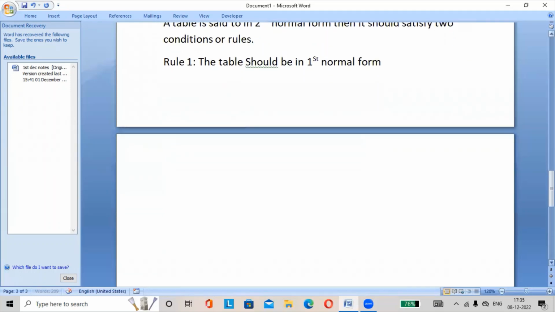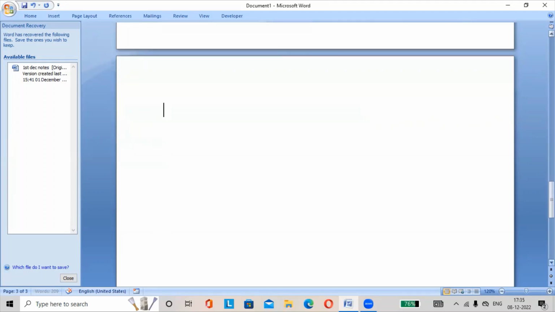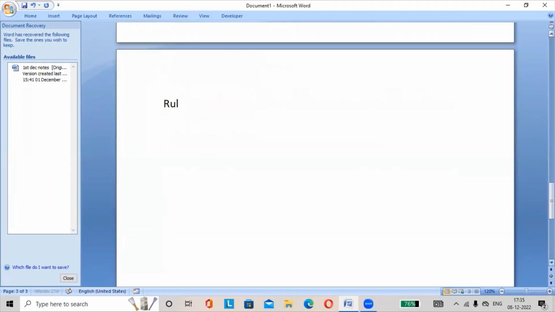Rule 2: it should not have any partial dependency.